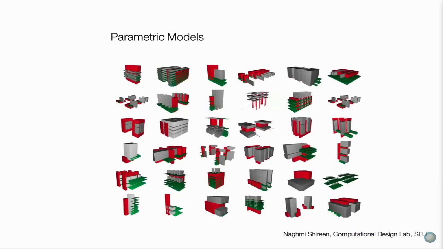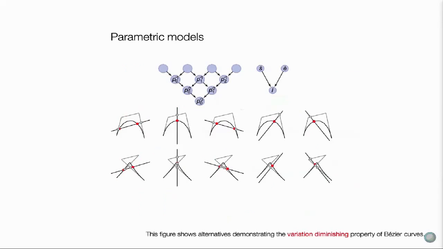Current parametric modeling systems have created the gallery trope, in which we make a display of an arrangement of variations of a single model. In this case, one created by Nagni Shireen for a PhD study in what do people do when they have 1,000 such models or images to work with.